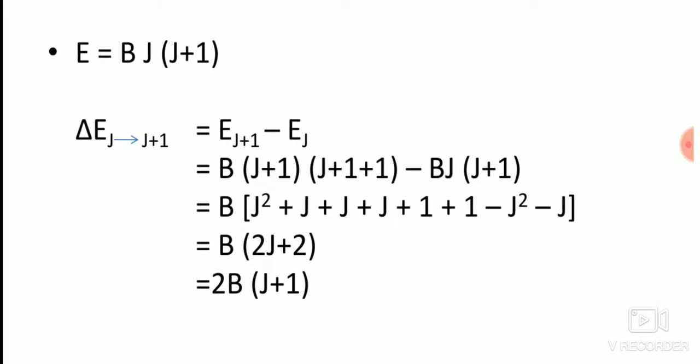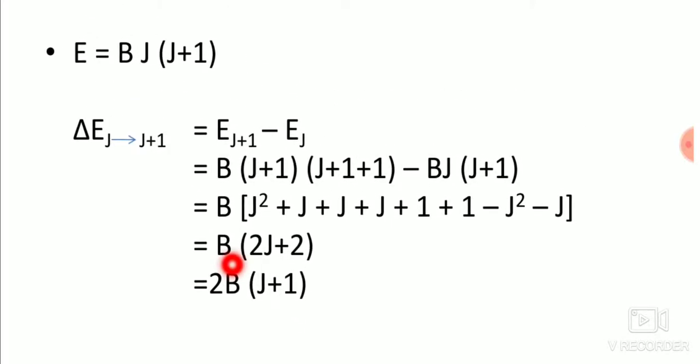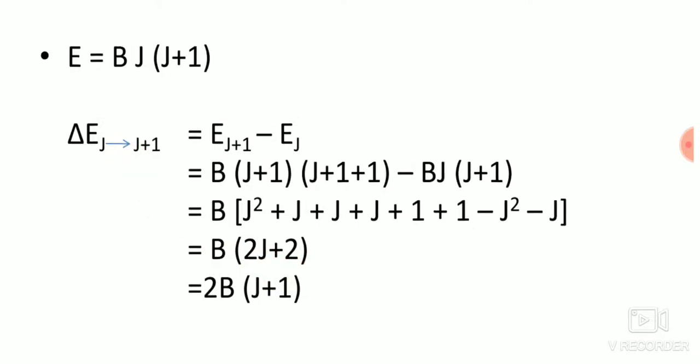So this is E, but this is delta E. When we consider the transition from J to J plus 1, delta E comes out to be 2B (J plus 1), right?